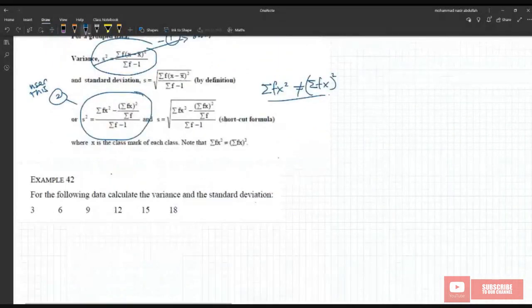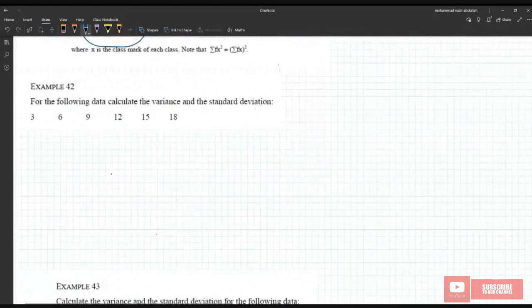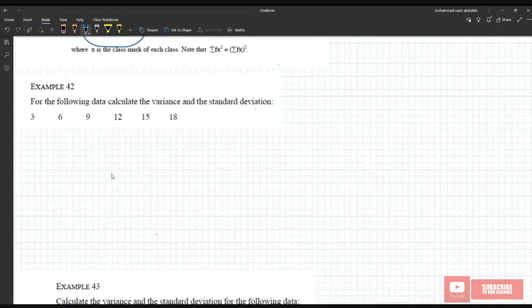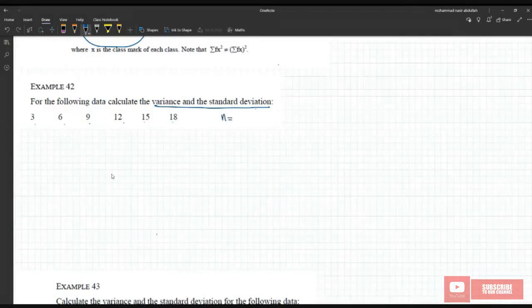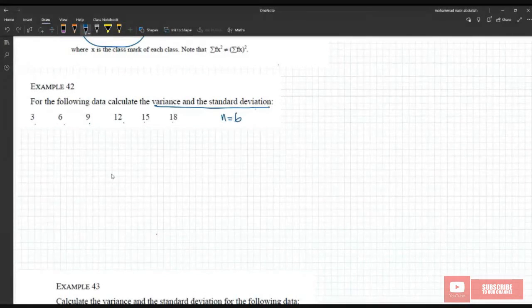Let's move to example number 42. For the following data, calculate the variance and standard deviation. We have basically 1, 2, 3, 4, 5, 6 data, so n is equal to 6.